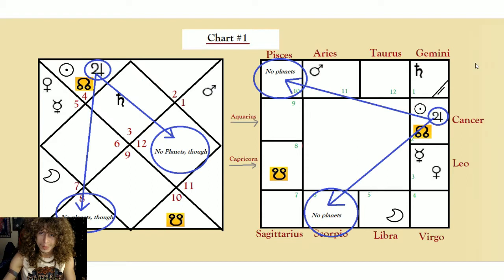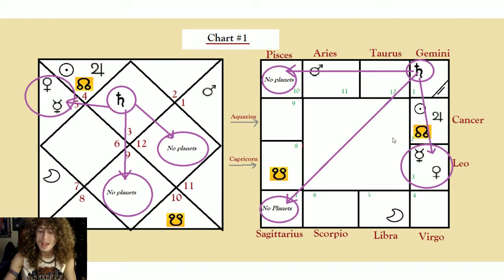Jupiter, which occupies Cancer here, similarly influences Scorpio by its 5th aspect, as well as Pisces by its 9th aspect. Saturn, who here tenants Gemini, influences Leo by its 3rd aspect, and Pisces by its 10th aspect, all counted inclusively from the constellation where the planet resides.